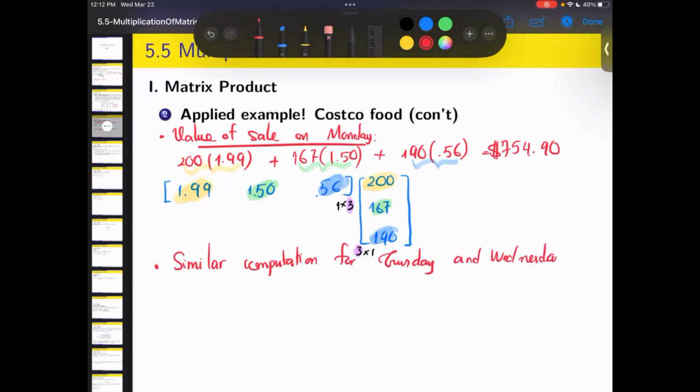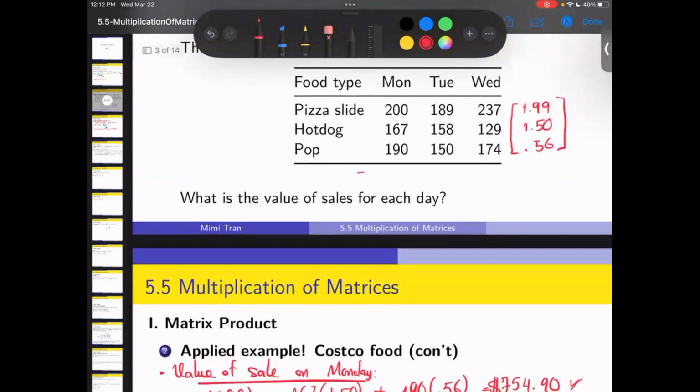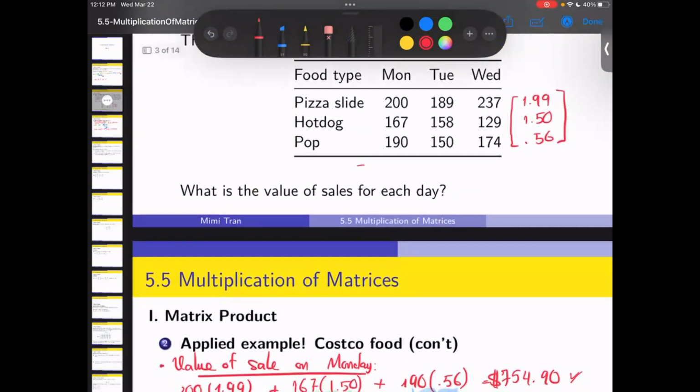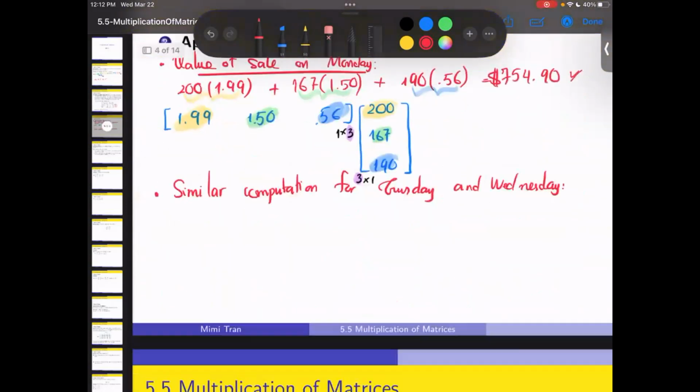So you do the same thing as your Monday, right? On Tuesday, they sold 189 pizza slices, and they sold 158 hot dogs, and then 150 pops.